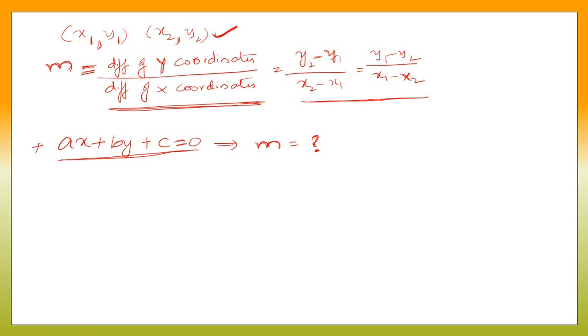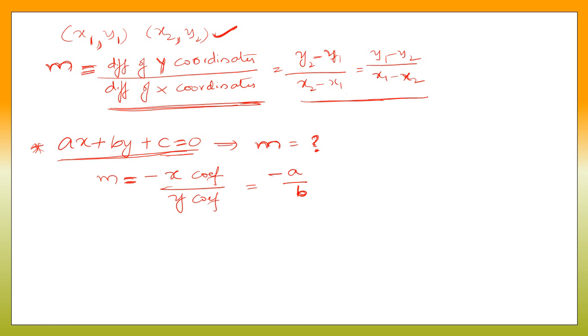Suppose the straight line equation is given, then how to find the slope? The slope is given by minus of the coefficient, sorry, not the x coordinate, the coefficient. It is simply given by minus x coefficient by y coefficient. So from this, it is nothing but minus a by b.